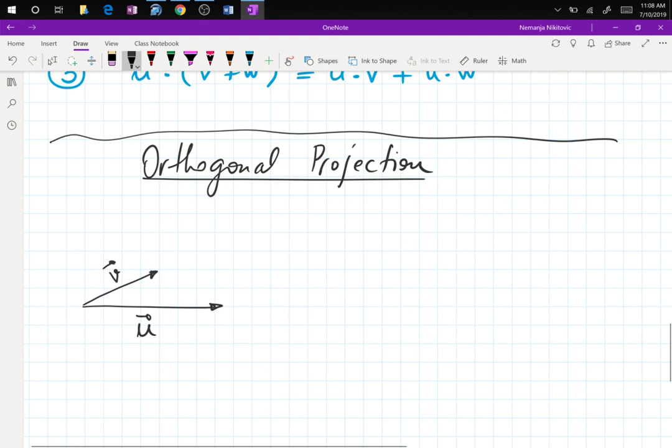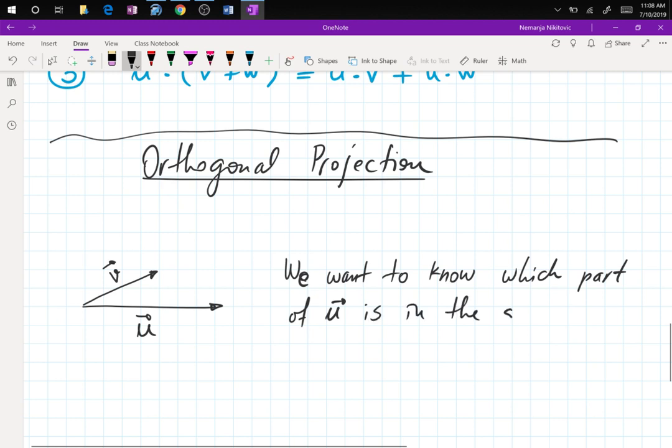And I would like to calculate, we want to know which part of vector u is in the shadow of vector v.